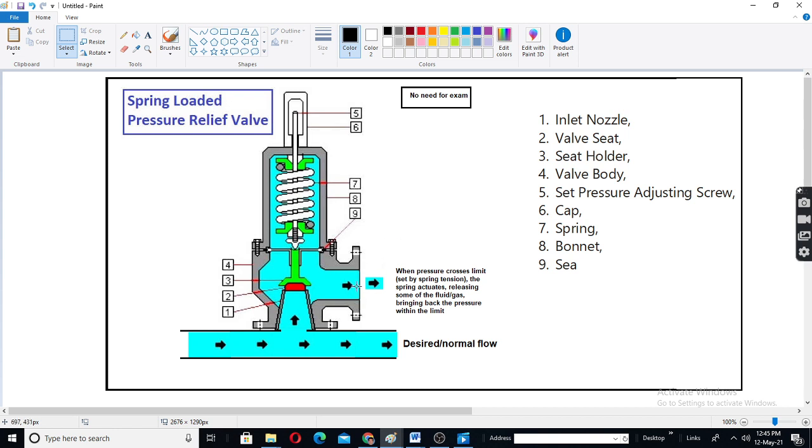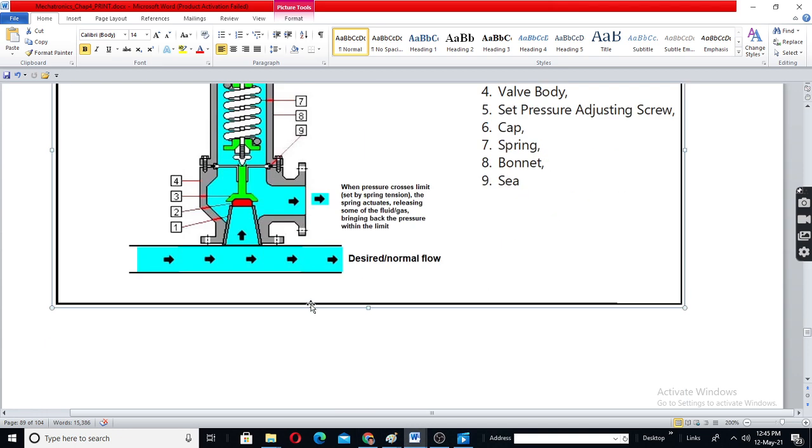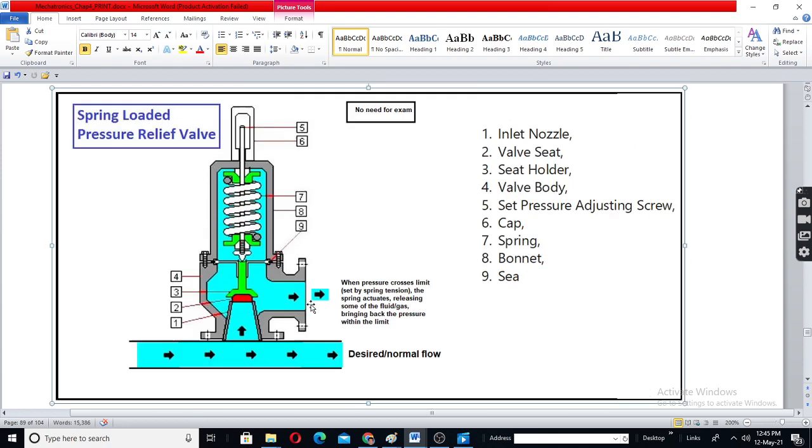When the pressure drops below the set value, the spring again gets restored. It again gets into the normal position. Set value depends upon the tension of the spring. Now, this is not in your syllabus, just informed you, that's all.